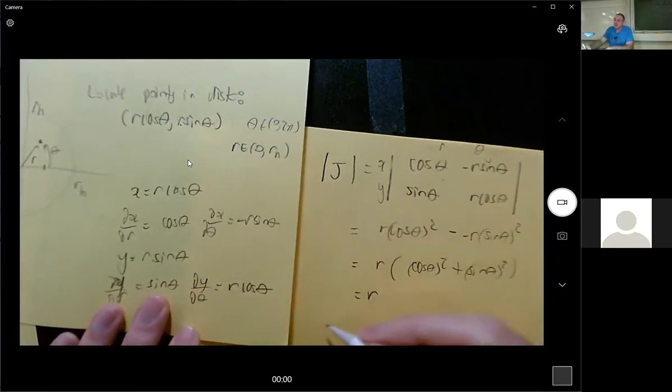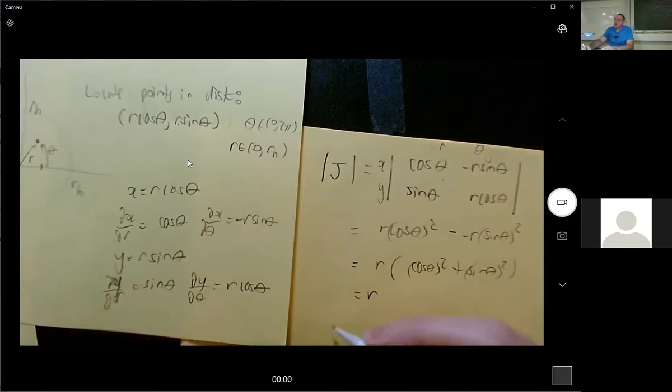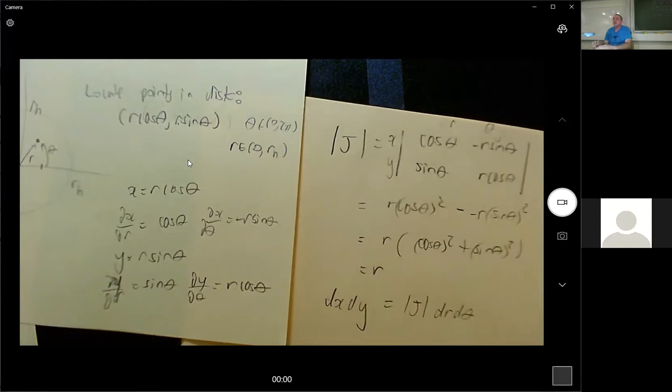And that means that a change in the product of dx and dy will be the size of the Jacobian times the change in dr and d theta. That's how change of variables works, that we were asking about.